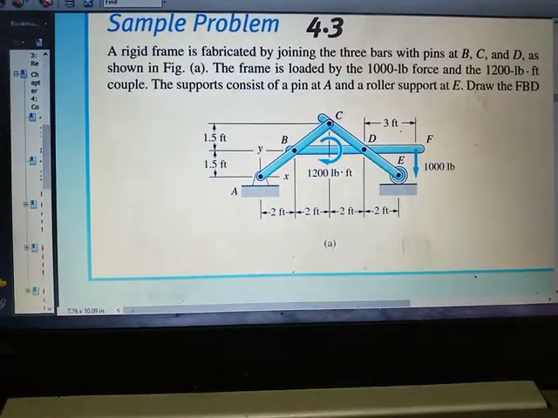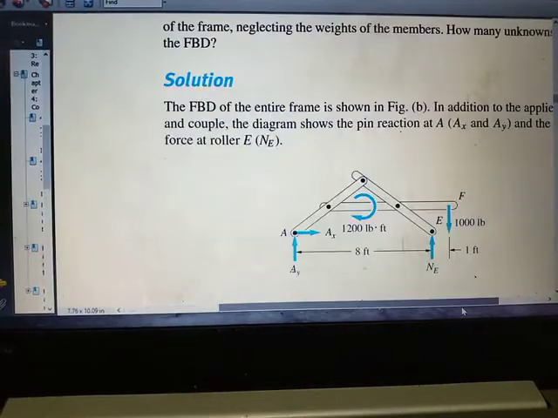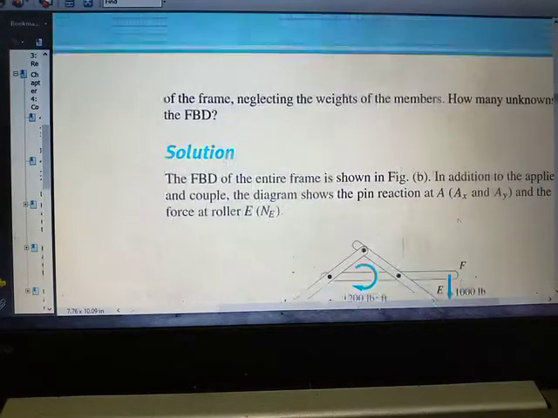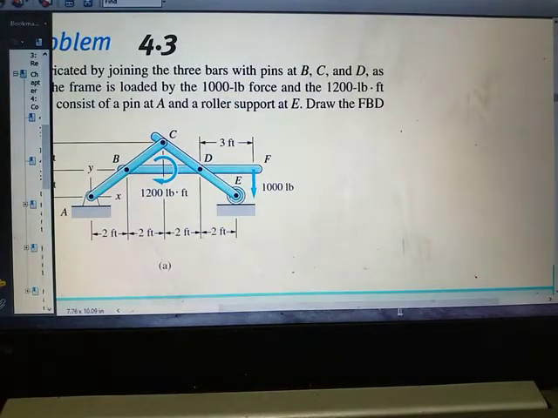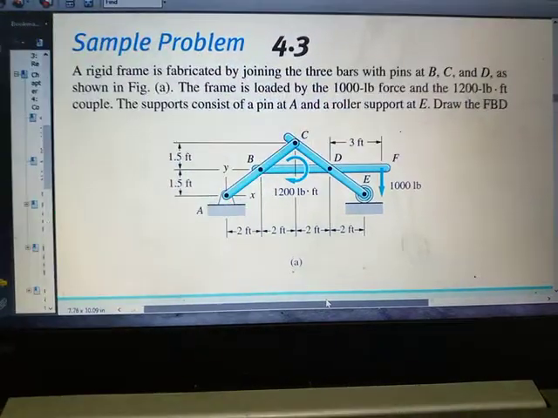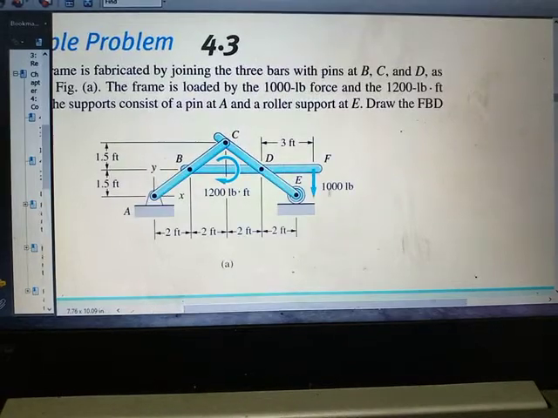Okay, so, let's proceed. Ito yung free body diagram niya. Tama ako, may dalawa. And then, hindi natin nalimutan, meron daw siyang loaded with 1,000 libra force and 1,000 libra foot couple. So, may 1,000 dito, may 1,000 libra foot.